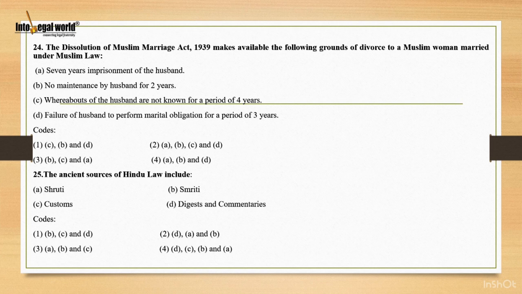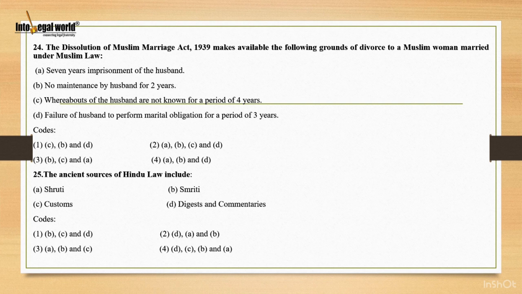Question number 25. The ancient sources of Hindu law include. So what are the sources of Hindu law? Ancient sources of Hindu law. Shruti, Smriti, custom, digest and commentaries. So the correct answer is A, B and D. Custom is not an ancient source of Hindu law. So option 2 is correct.